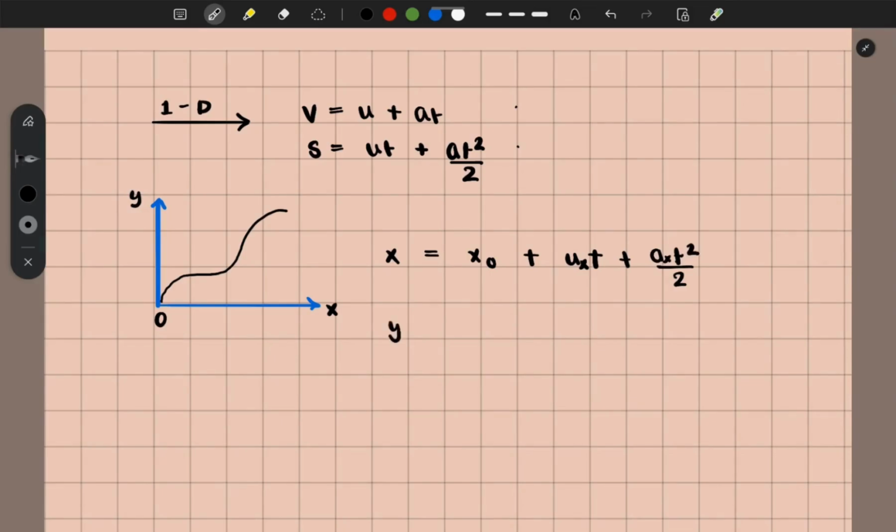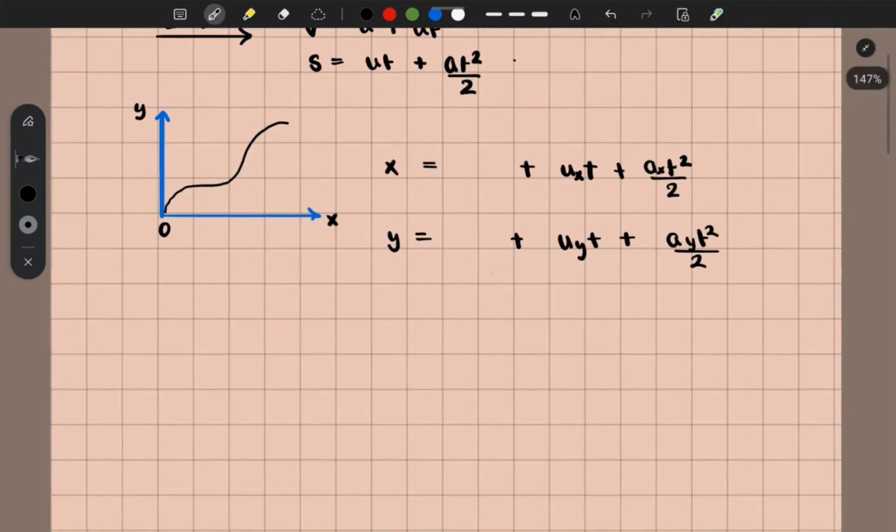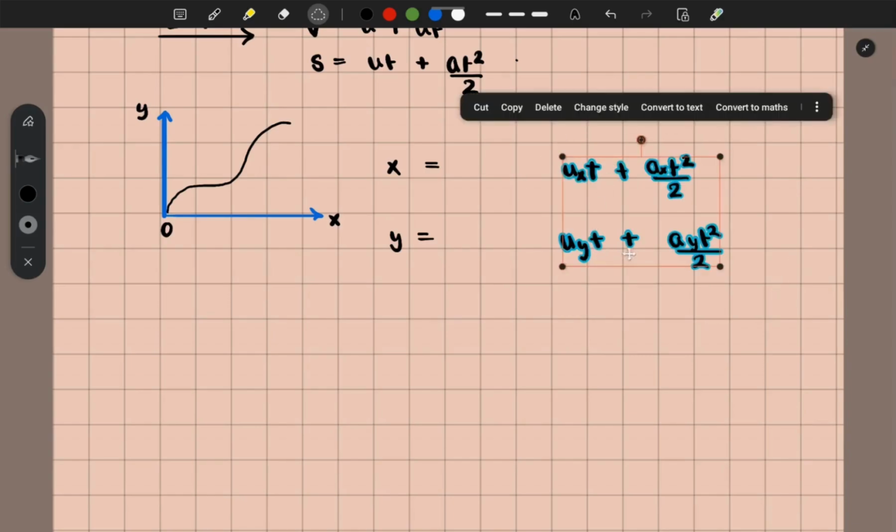Similarly, we can write y is equal to y0 plus uy t plus ay t squared divided by 2. Now, for our purposes, we treat x0 and y0 as 0. So the equations come out to be as such.